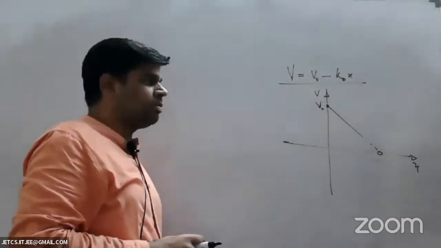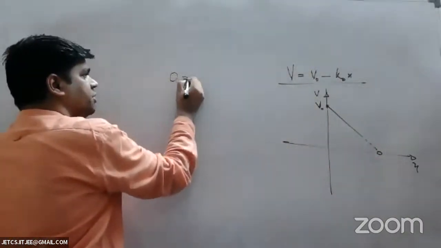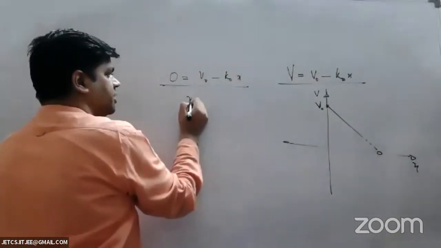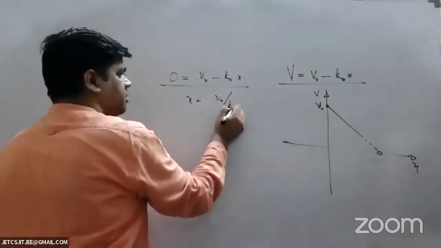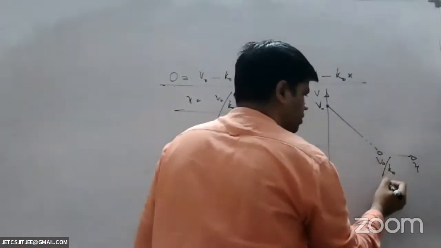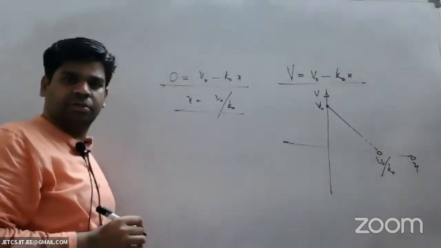So x is equal to V naught by k naught. V naught by k naught. Right. Is it okay, Vignesh? Have you got it? Yes, sir.